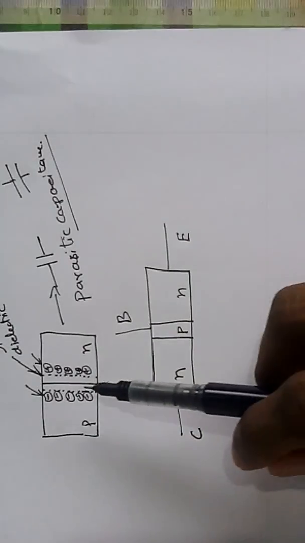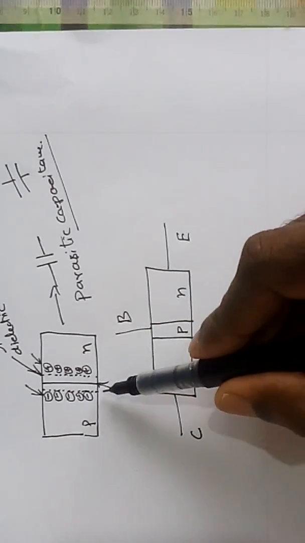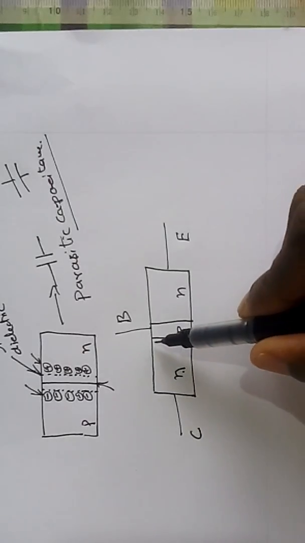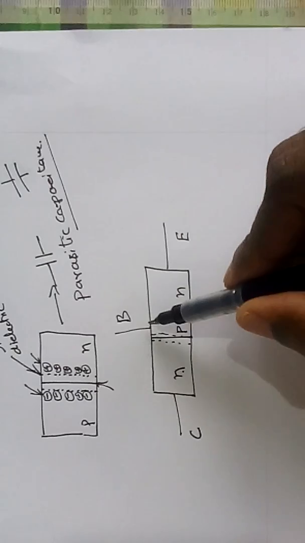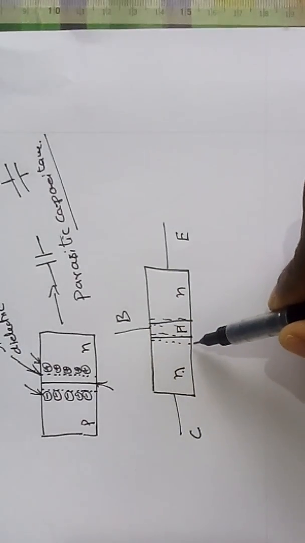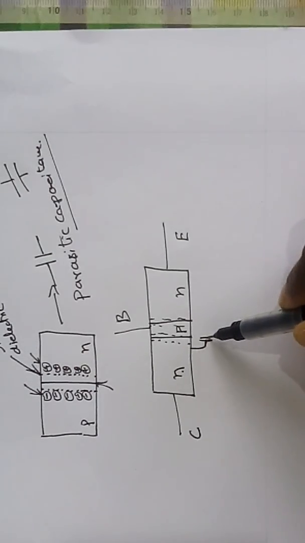As we learned in the PN junction, for every PN junction there is a barrier formed. I have a P here and an N here, so there is a junction formed, meaning that there is a capacitance existing between this and this.